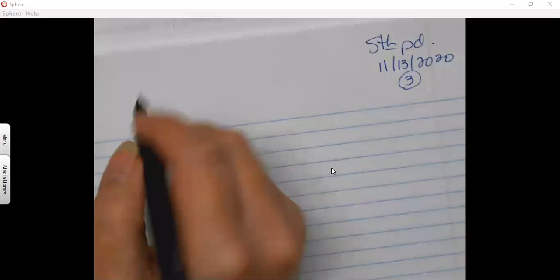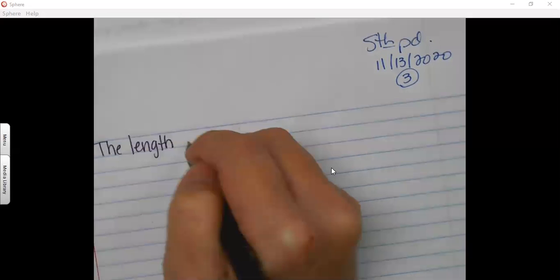All right. The length of the hypotenuse formed in the unit circle is 1.